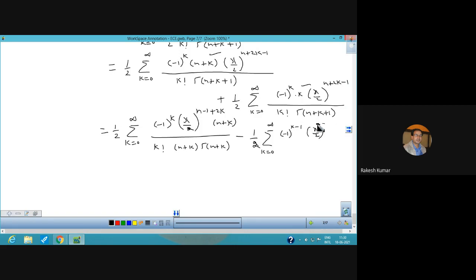Here we have x over 2 raised to power n plus 2k minus 1 and divide by now this term is written over here, and that will be a minus 1 factorial, and that will be n plus k plus 1, and we need separate k minus 1 factorial and together with k, and that k will be cancelled with this k.